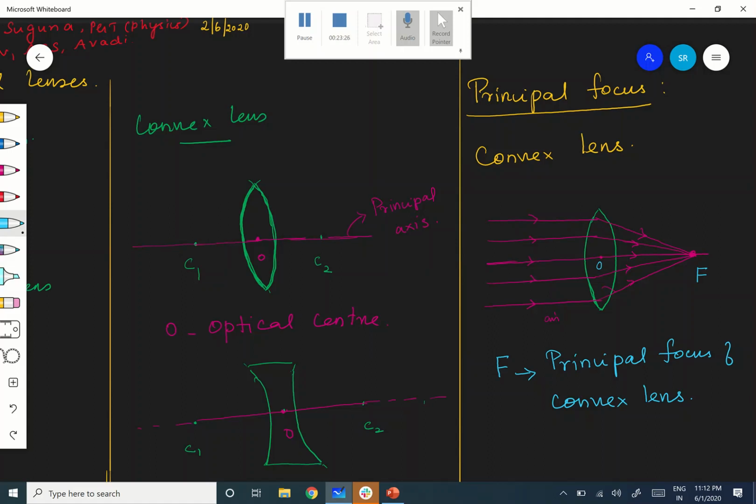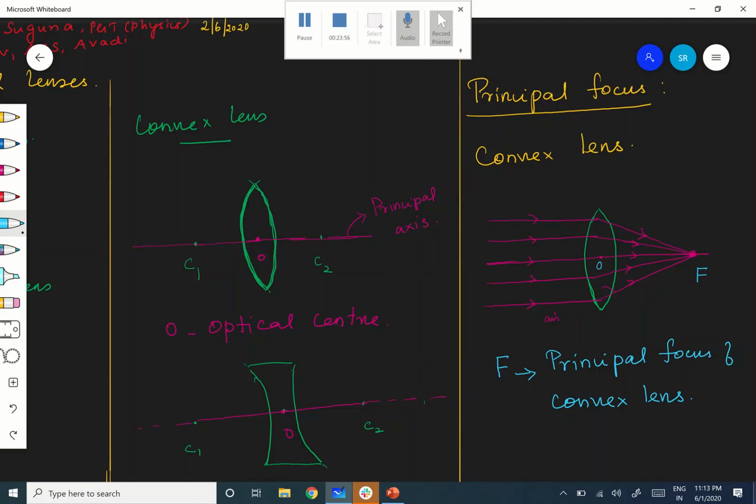This is very, very important, the principal focus. In the case of a mirror, you recall, what is the principal focus of a concave mirror? The rays parallel to the principal axis, which after reflection by a concave mirror will converge at a point lying on the principal axis.